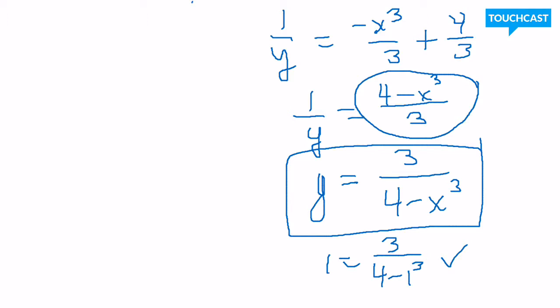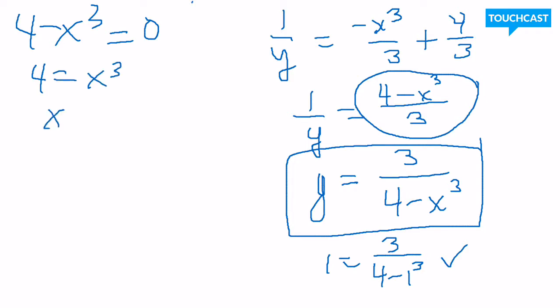So it's going to have a vertical asymptote when 4 minus x cubed equals 0, and that's going to happen when 4 equals x cubed, or when x equals the cube root of 4.